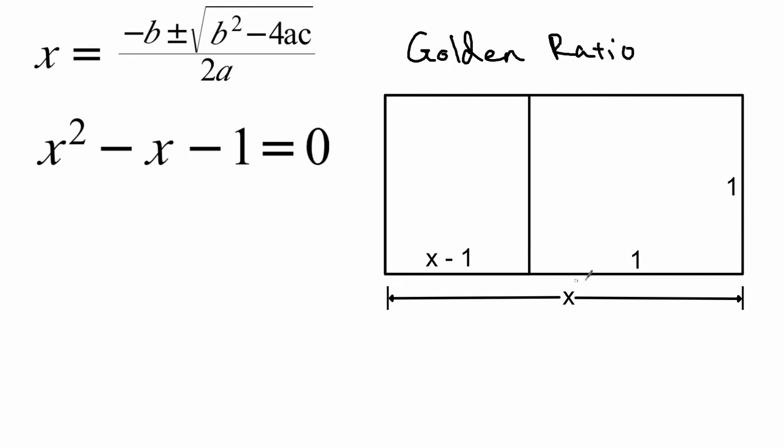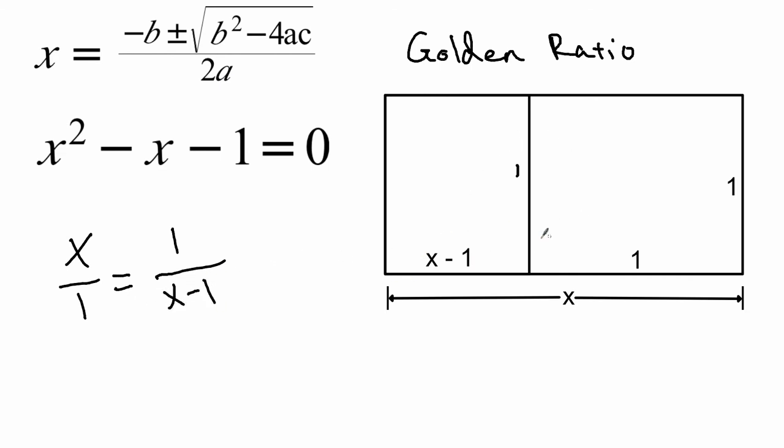The ratio of the longer side of this rectangle to the shorter side, so this ratio, x over 1, is equal to the ratio of the longer side of this rectangle over here to the shorter side. So the longer side of this rectangle, that's 1, to the shorter side, x minus 1.